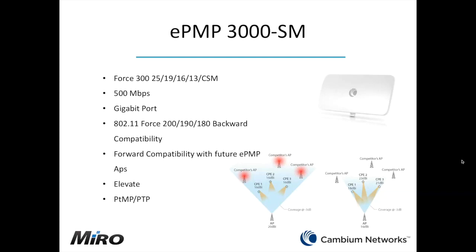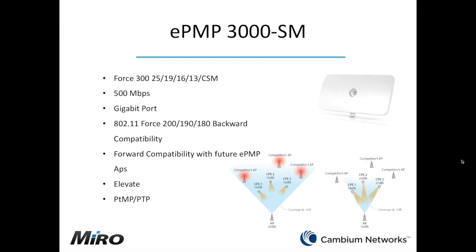Because quite simply, if you choose something that's too powerful, like a 25 dBi for maybe a kilometer or so, and crank it up to maximum transmit power, you're going to shoot yourself in the foot, because you're opening yourself up to interference from competitors' access points that are also putting out a wireless network. So instead, you want to utilize the versatility of this range and pick the exact size subscriber modules that you need.